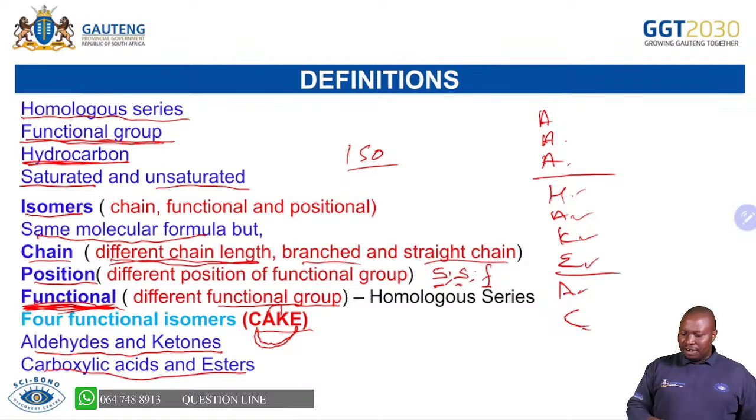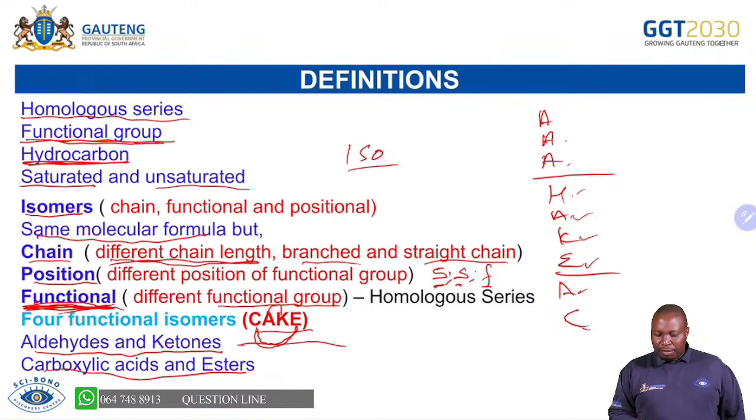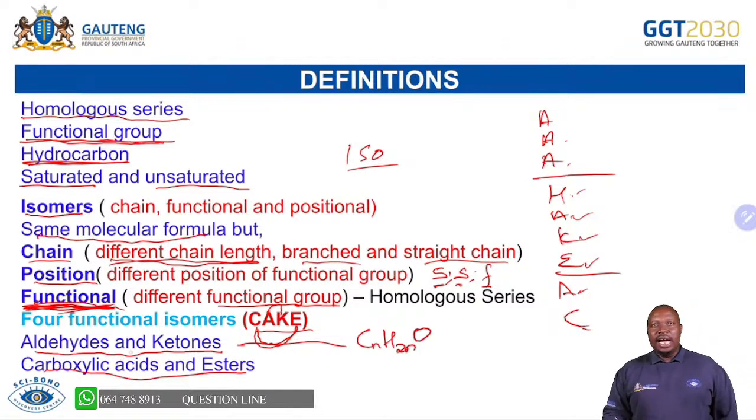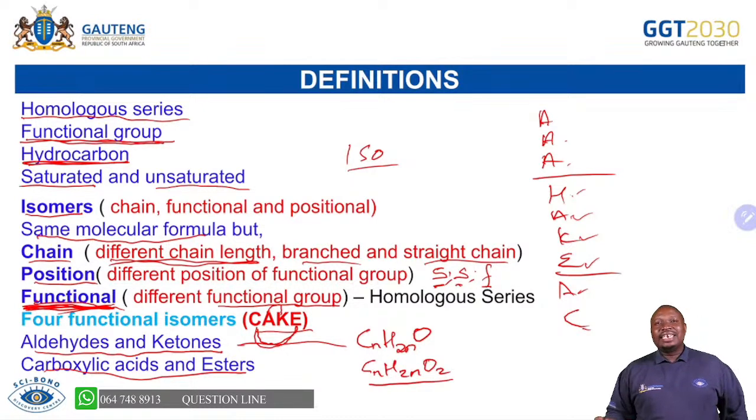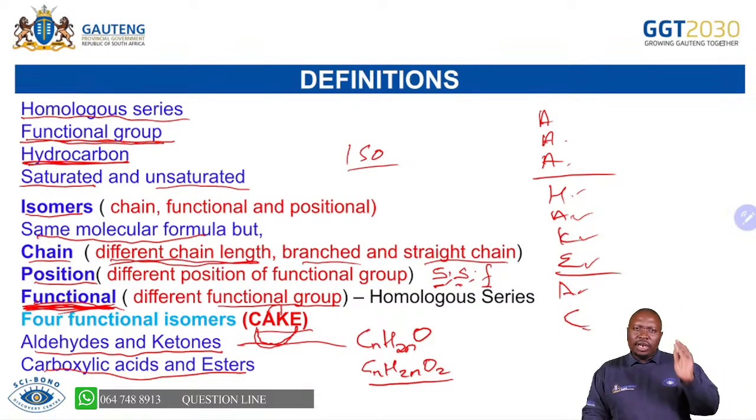And if you check, their general formulas are the same. The general formula for aldehydes and ketones is CnH2nO. And then for carboxylic acids and esters it is CnH2nO2. Remember, learners, that we only have 2 homologous series that have 2 oxygens. It's only carboxylic acids and esters.